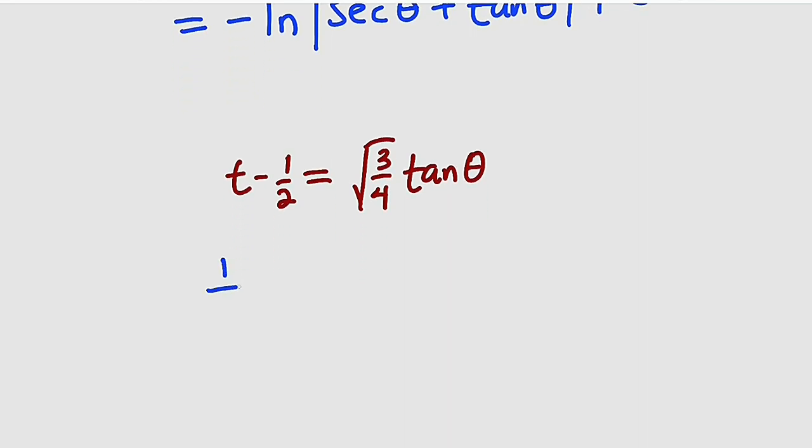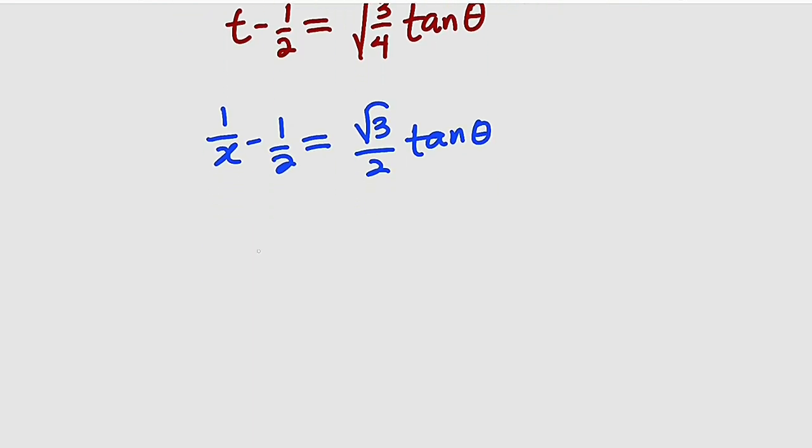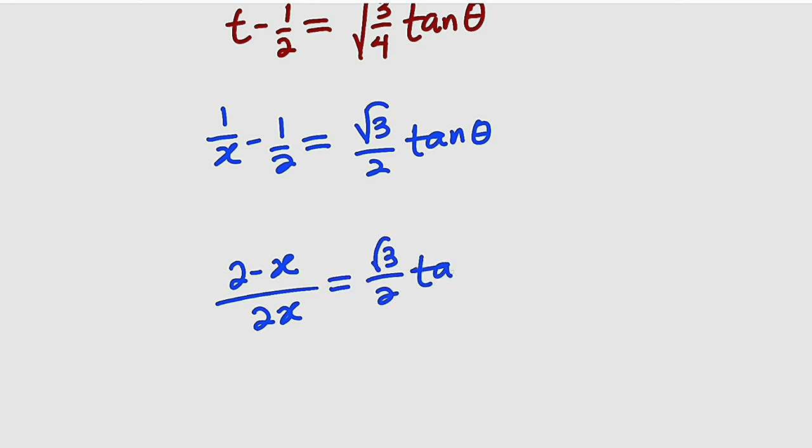So here is where we're going to solve for theta and replace it back here to obtain our final solution. But remember that t is 1 divided by x, right? So we have 1 divided by x minus 1 divided by 2 equal to square root of 3 divided by 2, because square root of 3 remains square root of 3, but square root of 4 is 2, tangent theta. We can simplify the left hand side. We have 2 minus x divided by 2x, and this is equal to square root of 3 divided by 2 tangent of theta.